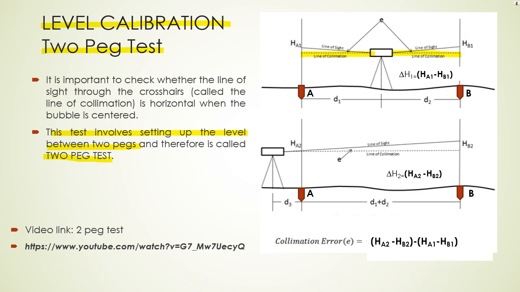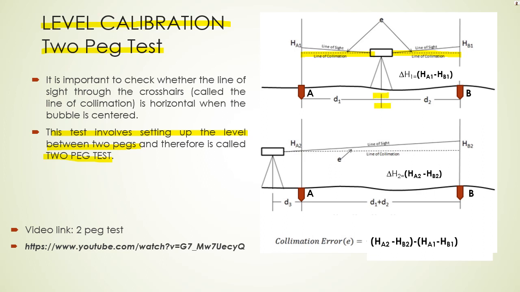Step number 1, we will set up the instrument in between two pegs A and B, so that distance D1 equals distance D2.